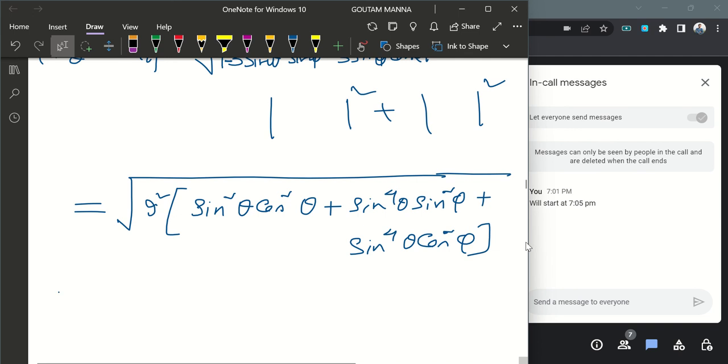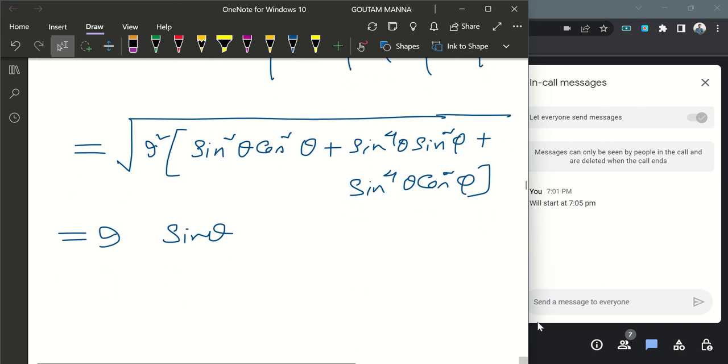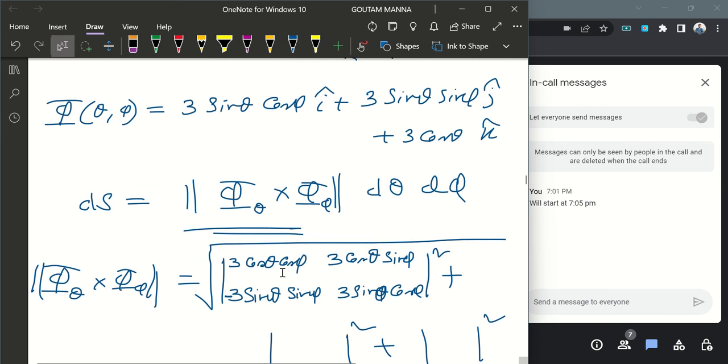Now if you simplify it, taking sin square outside and the rest being 1, it will be 9 times sin theta. So that's the value of this quantity.